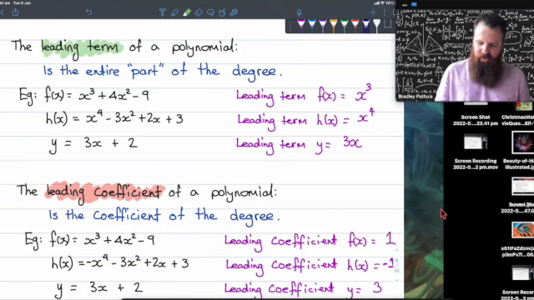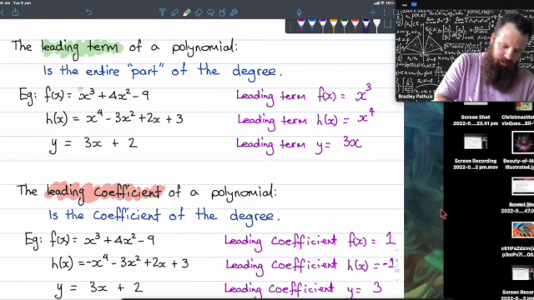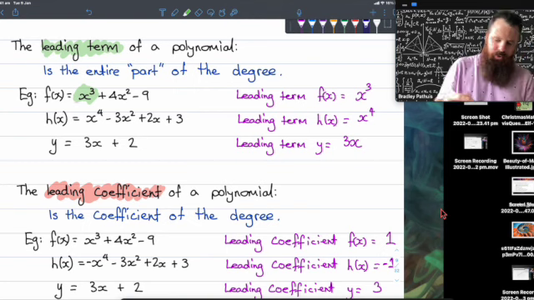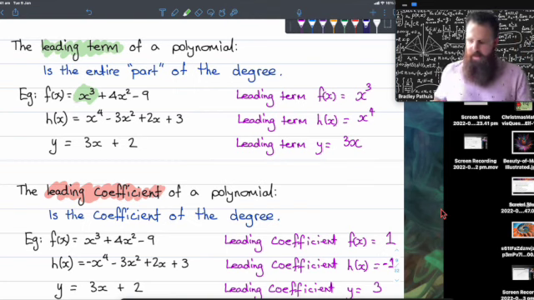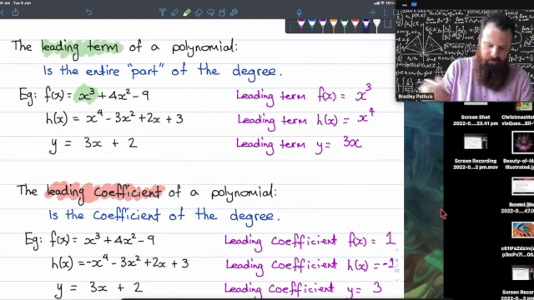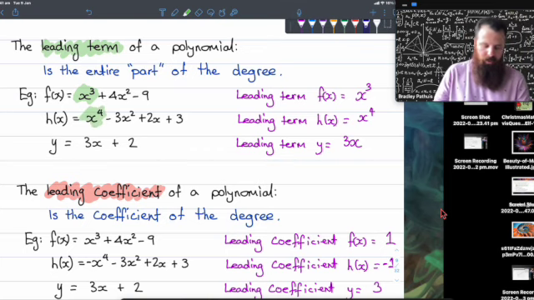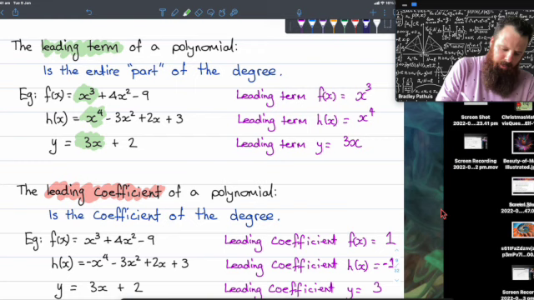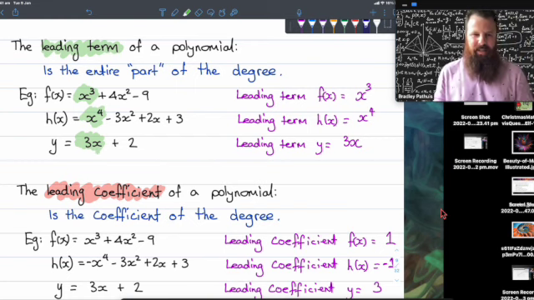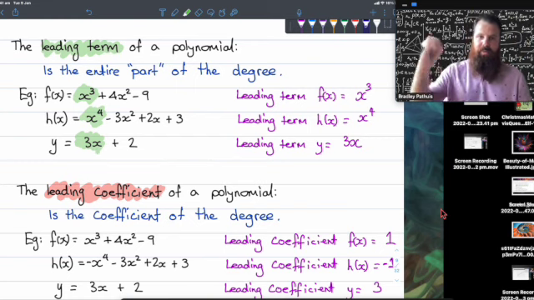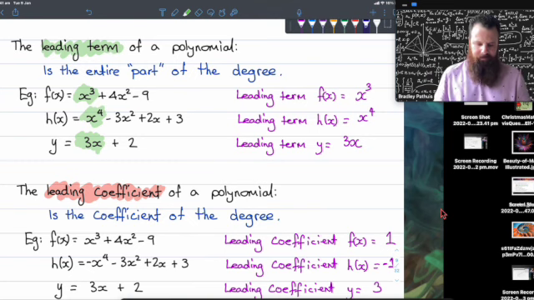So the leading term of x cubed plus 4x squared is all of this value, so it's x cubed. The leading term of the next one is positive x to the power of 4. And finally, it's positive 3x. That's our leading term, everything that's associated with the highest degree.